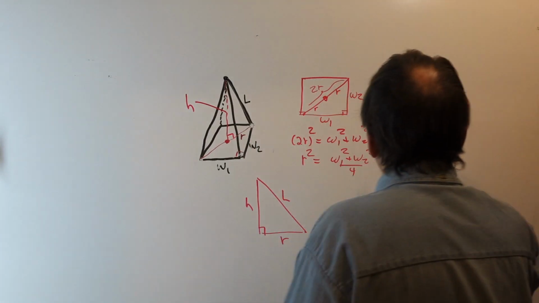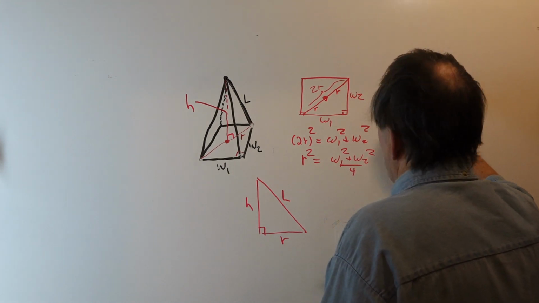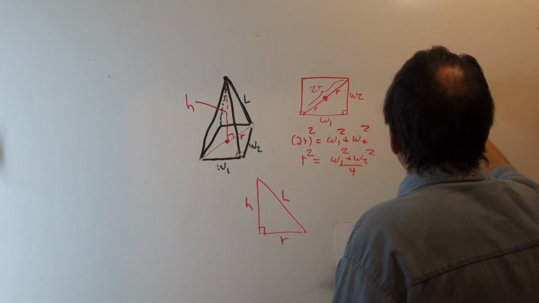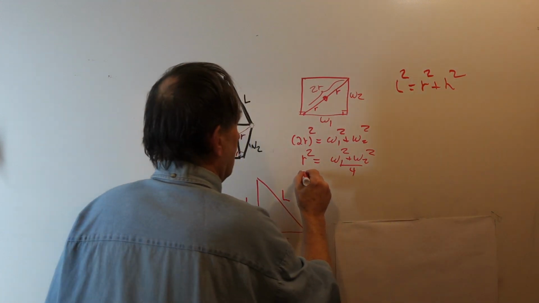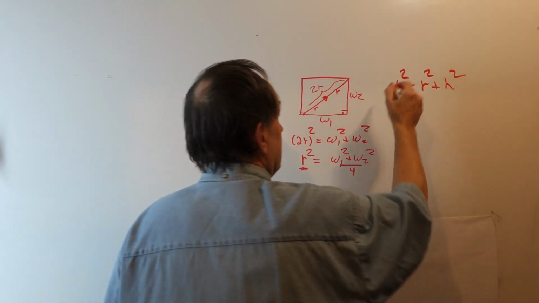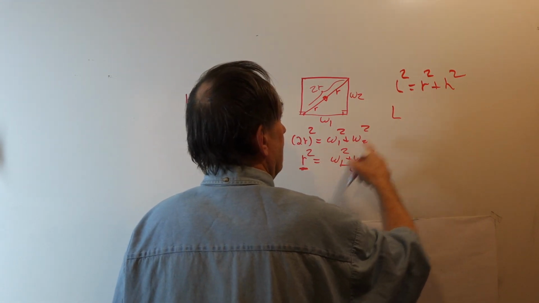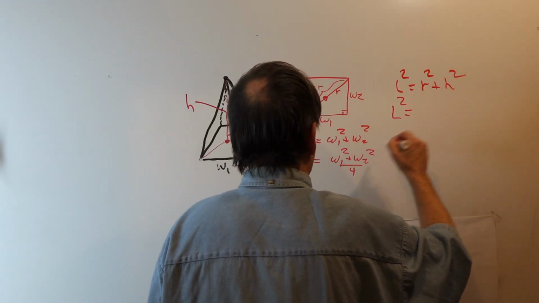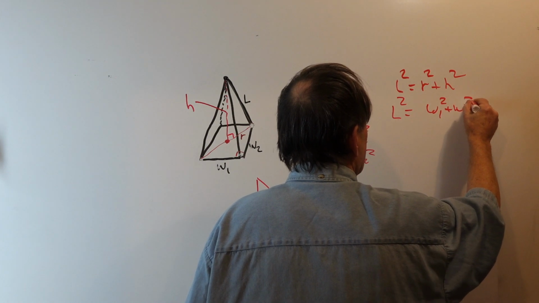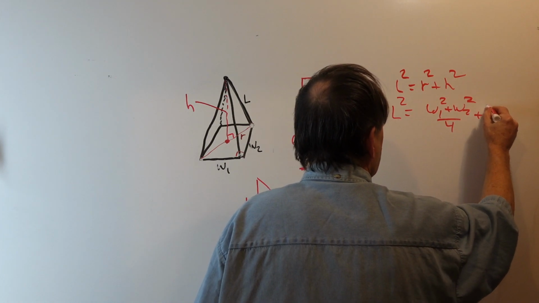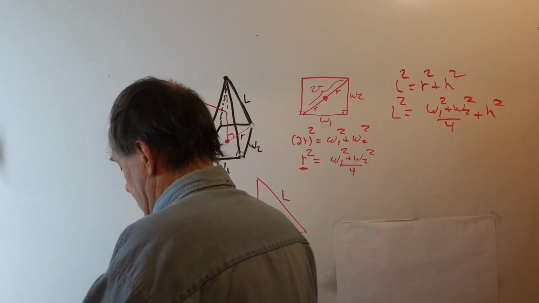So we have L squared, the hypotenuse squared, equals r squared plus h squared. And then we can take r squared from here and put it in, so we get L squared equals W1 squared plus W2 squared over 4 plus h squared.